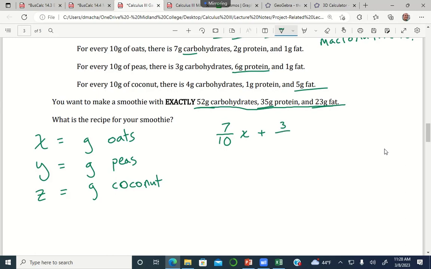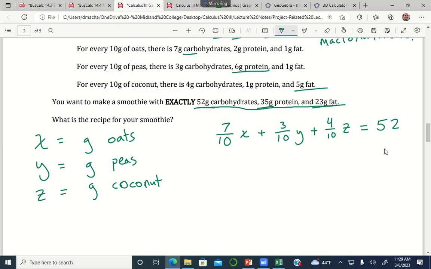So if I write 3 over 10 y, that represents the carbohydrates I'm getting from my peas. And then if I write 4 over 10 z, that represents the number of carbohydrates I'm getting from my coconut. So carbs from oats, peas, and coconuts, if I add them all together, I want 52 total carbs. Okay? So that is my carbohydrate equation.